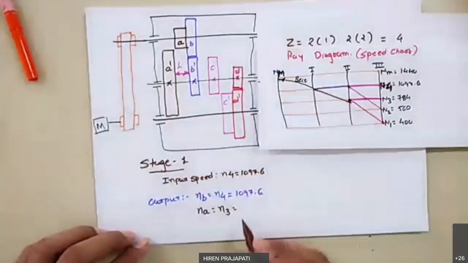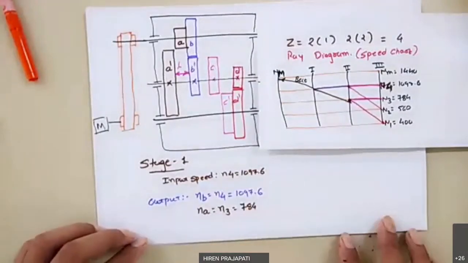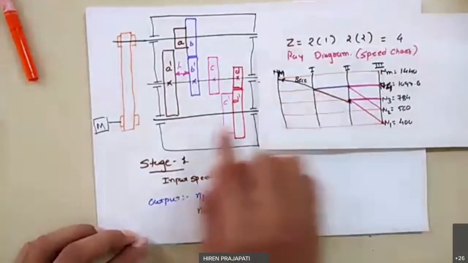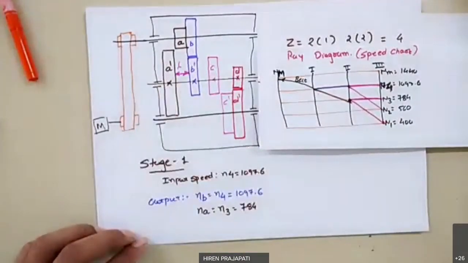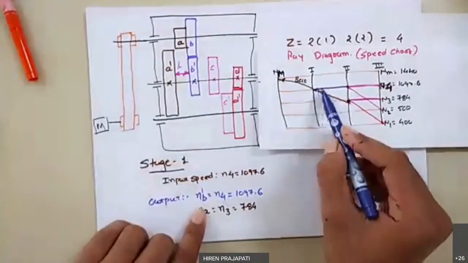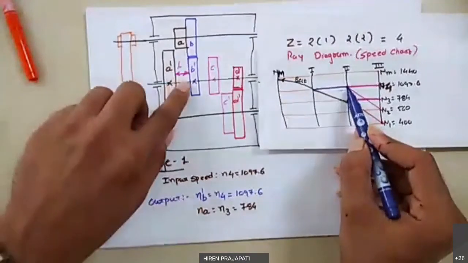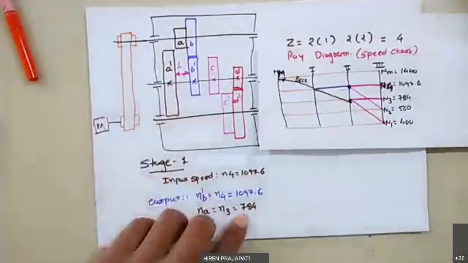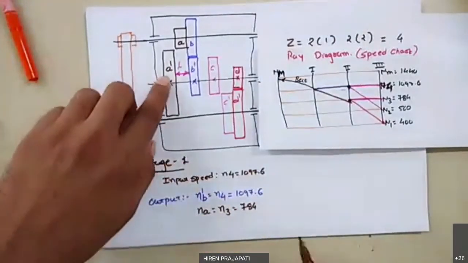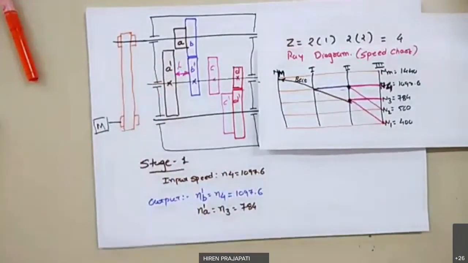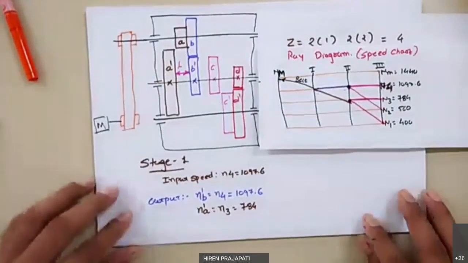You see in this ray diagram it is 784, right? So these are the two speeds. This one represents NB dash, because B dash is here, and this 784 represents the speed of A dash. So NA dash is N3, 784, right? So this is what we got.